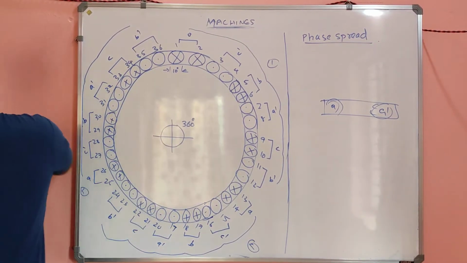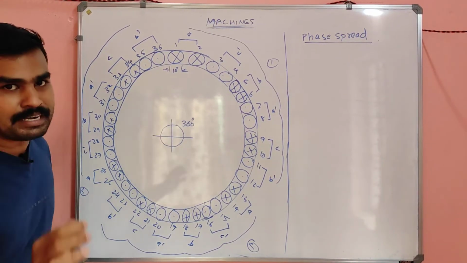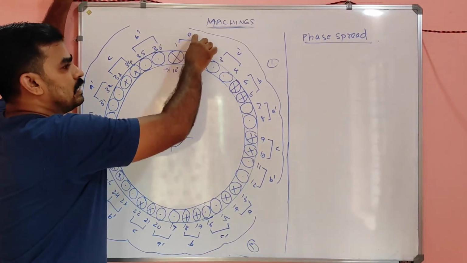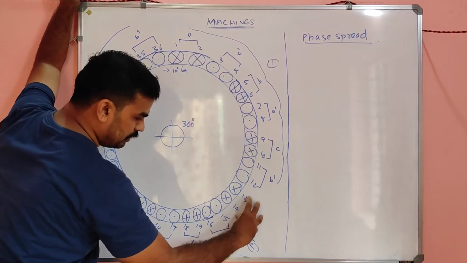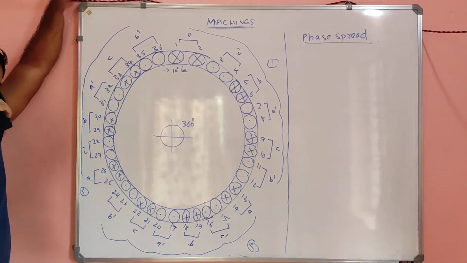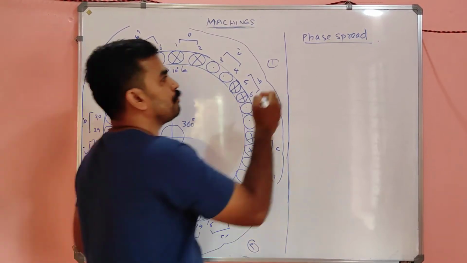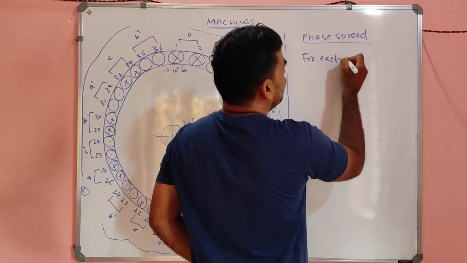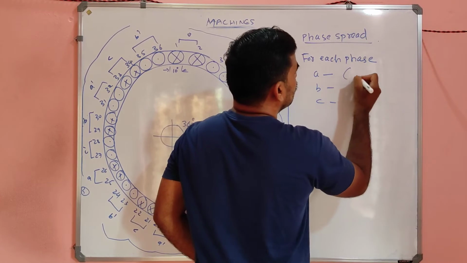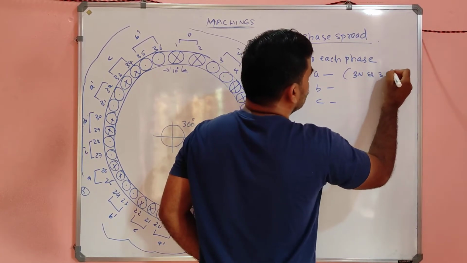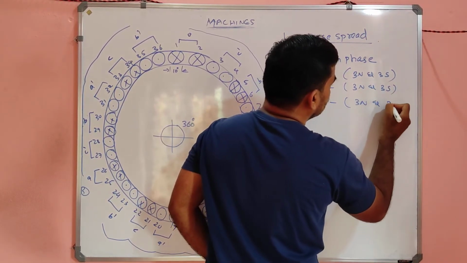So for phase A winding, there will be A, A dash meaning north pole, south pole. Like that, for each phase there will be a total of 6 poles. That means for each phase A, B, C, 3 north and 3 south.